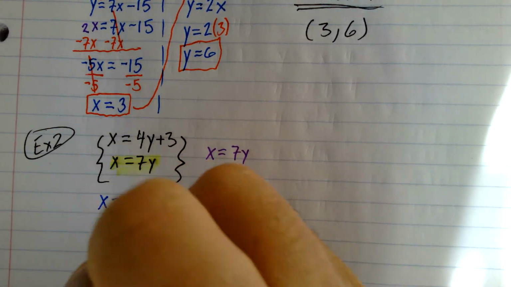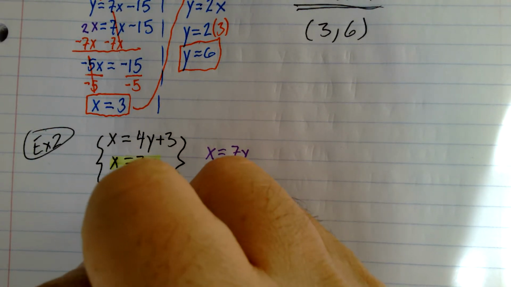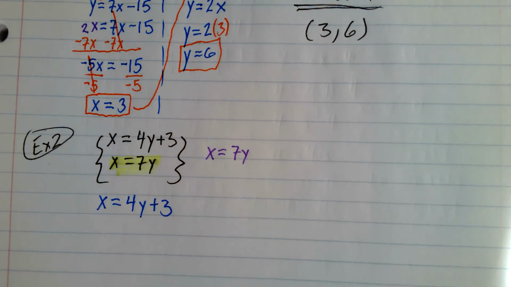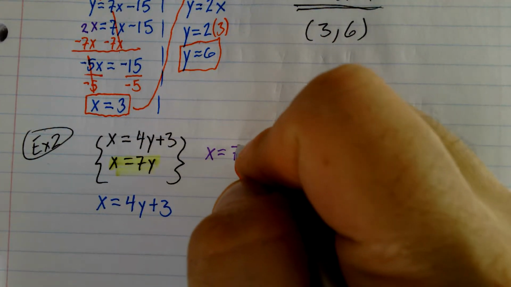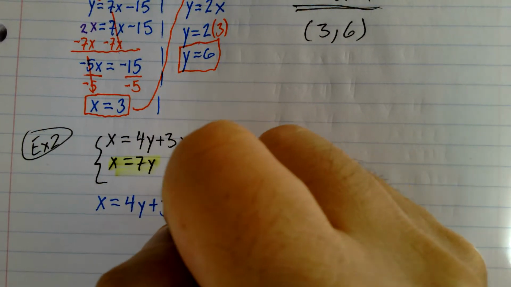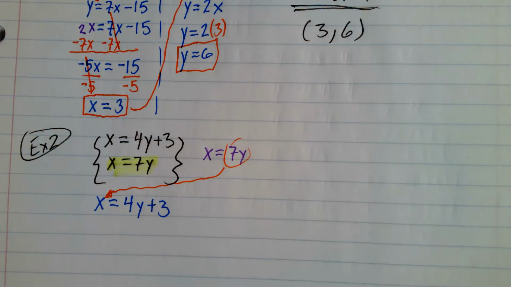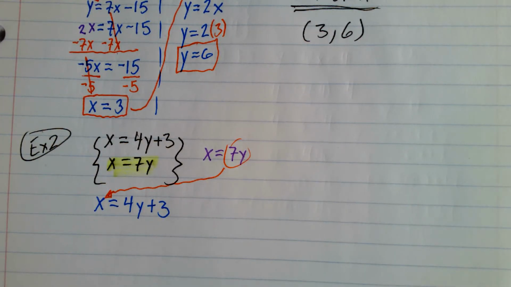So what I'm going to do is take the other equation, x equals 4y plus 3, right? And I'm going to take what x equals, 7y, in this equation, and wherever you see the x, we substitute.